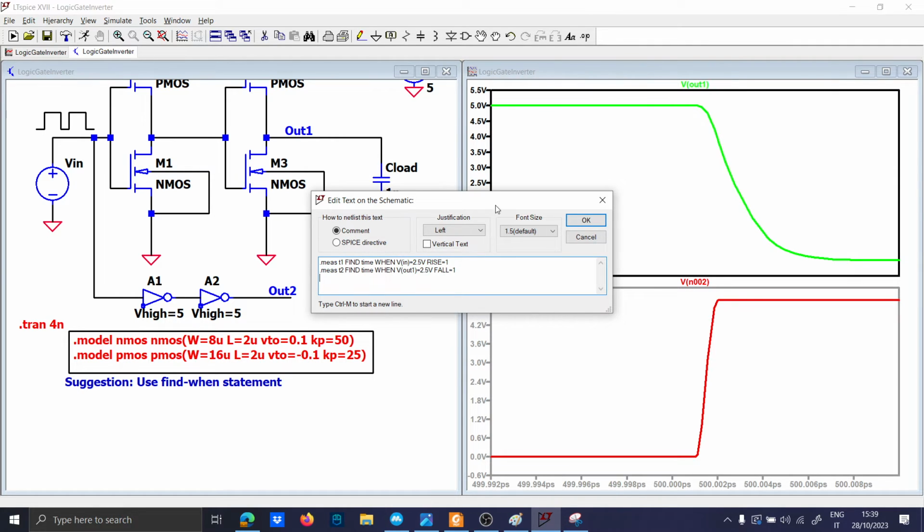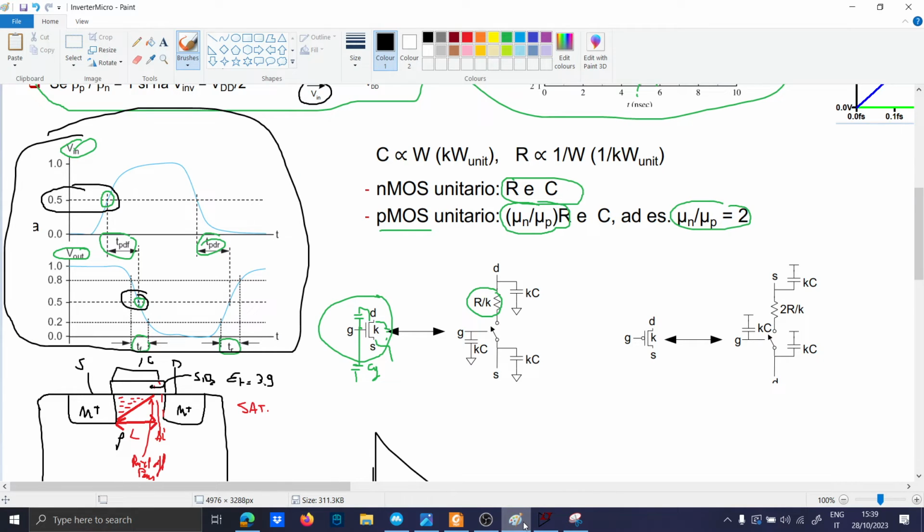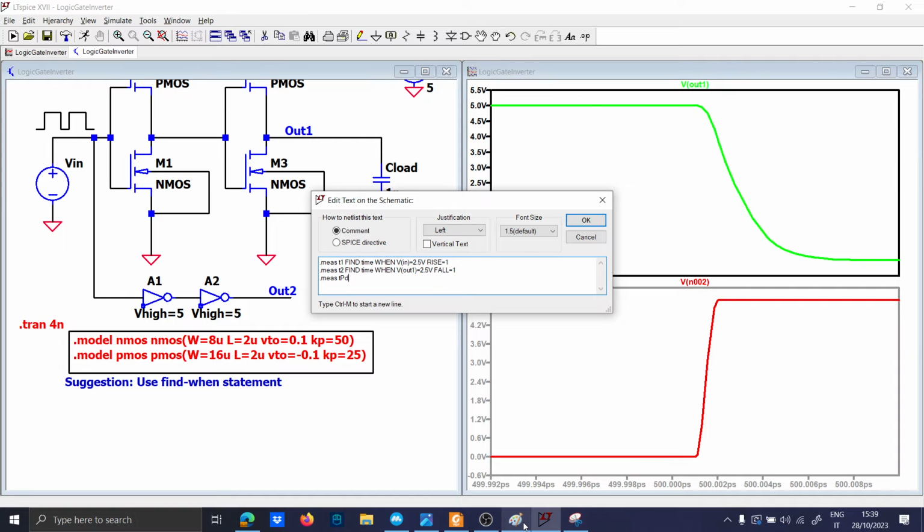In an inverter. Yes. I am in fact stupid because this works with an inverter. So the propagation delay will be extremely high. I will cancel this and will make an inverter in a moment. So now .meas propagation delay, TP, let's call it PDF, the difference between time 2 and time 1.